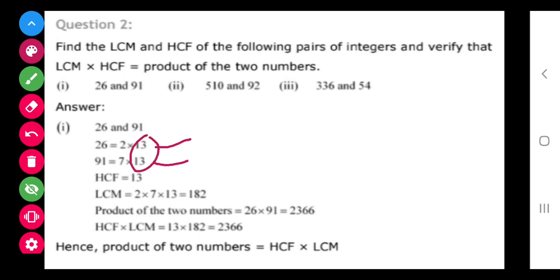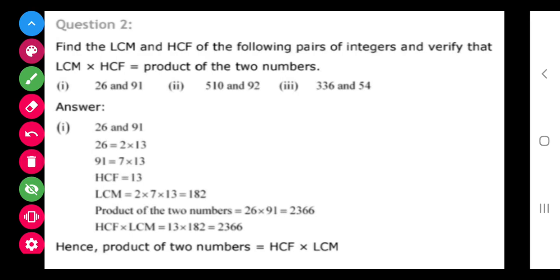So for HCF, the common one, once. You all know in HCF only the common one we have to take, but in LCM we have to take the common one once and write the rest.